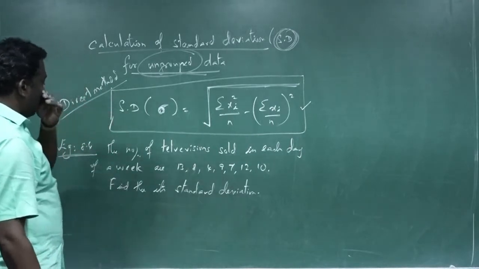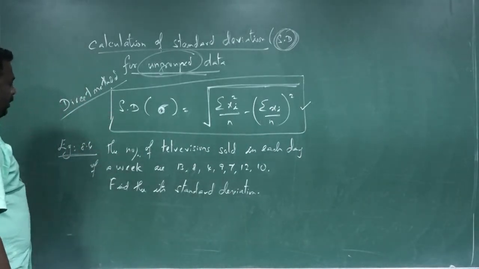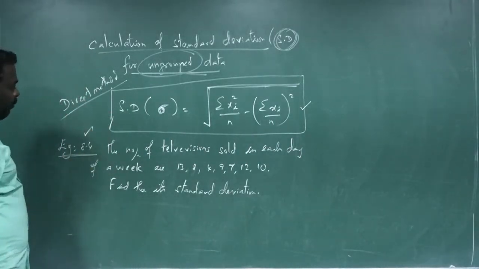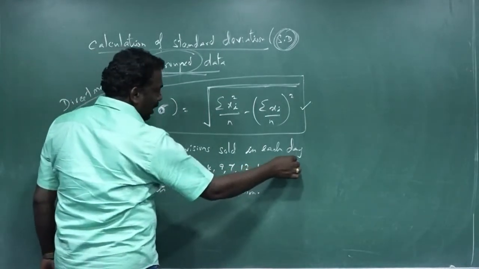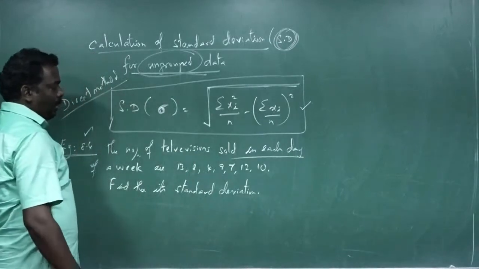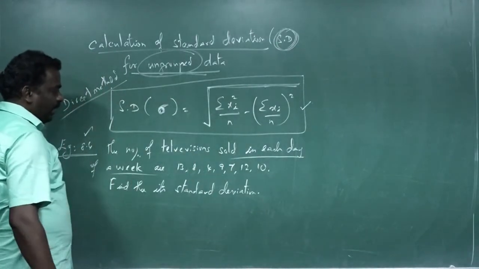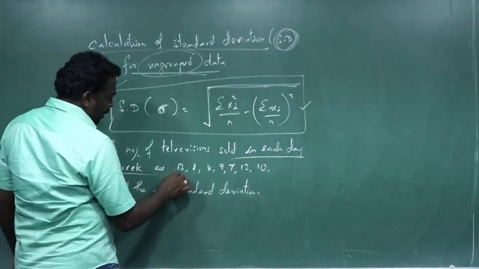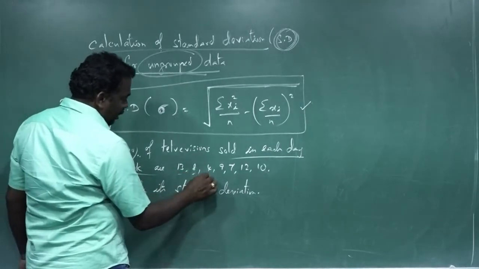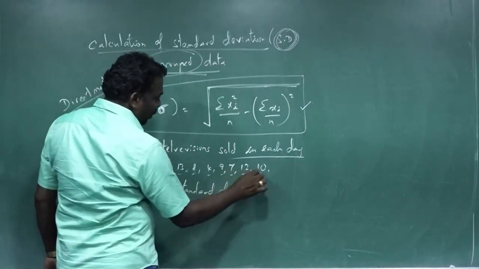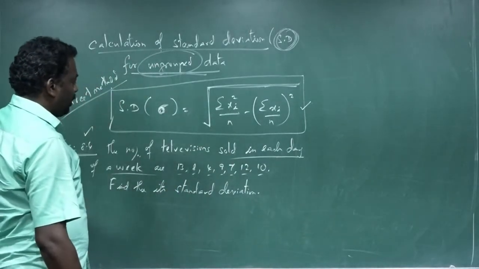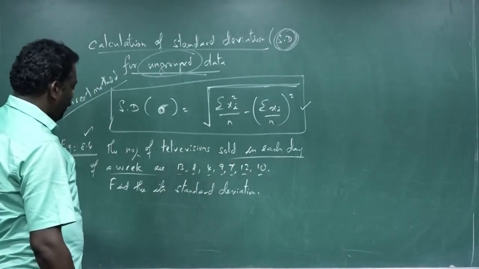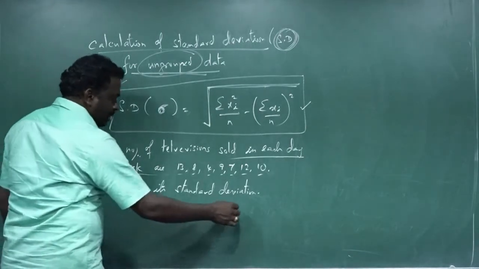Now using this standard deviation formula, let us find the next example, number 8.4. The number of televisions sold on each day of a week: first day 13, second day 8, then 4, 9, 7, 12 and 10. The televisions sold in the week are given, and using that we find the standard deviation.